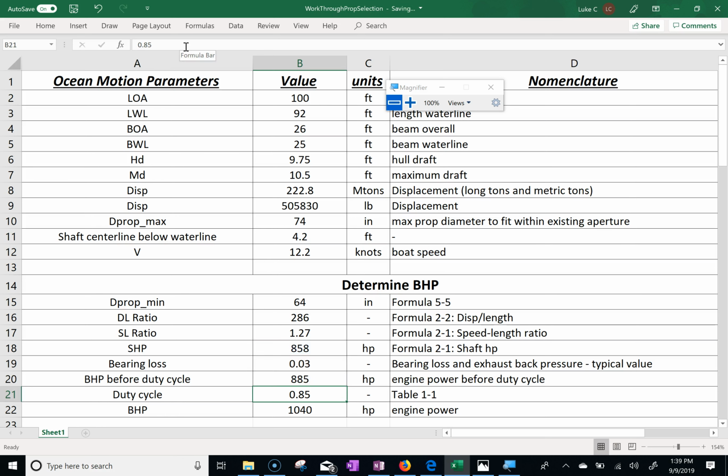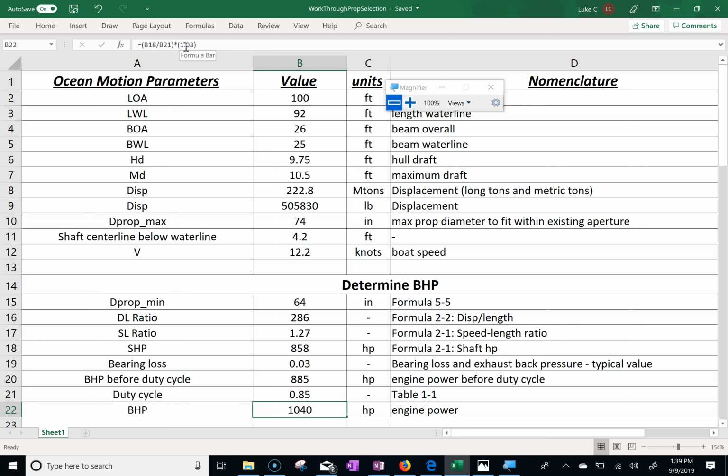Then here is a duty cycle for continuous operation. The motors that you're trying to get for your brake horsepower are usually on an average duty cycle. So we're just going to take a typical value that's always running 85% of that. We're going to increase it by 15%.